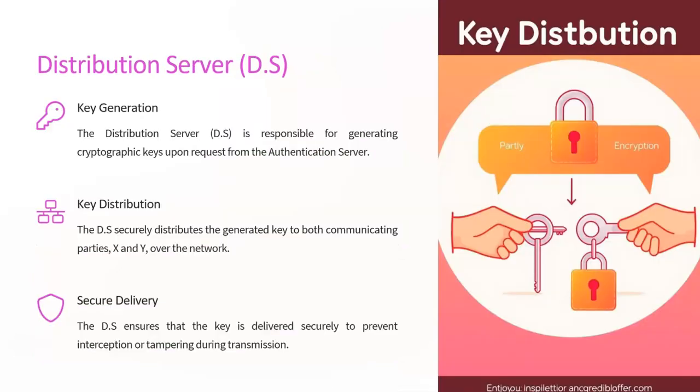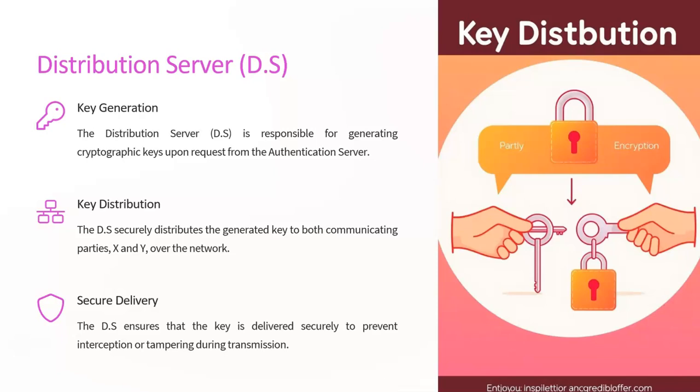The next server is the distribution server. After identifying whether both users are valid or not, the work of the distribution server is that it is responsible for generating keys. Already we saw two keys, the permanent key and the session key.